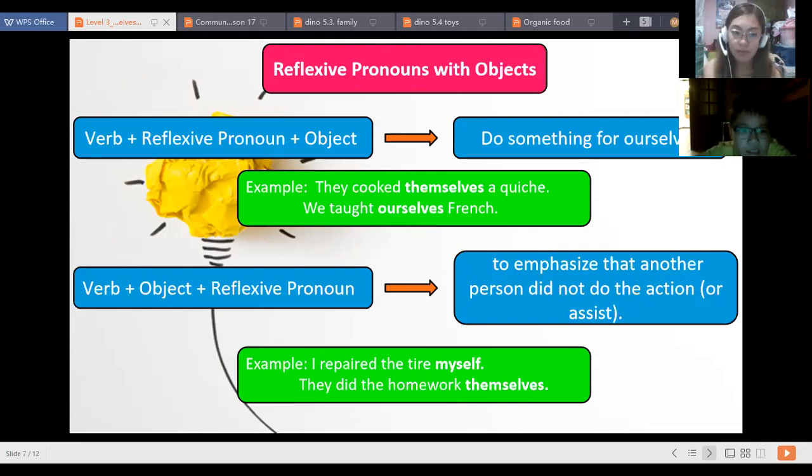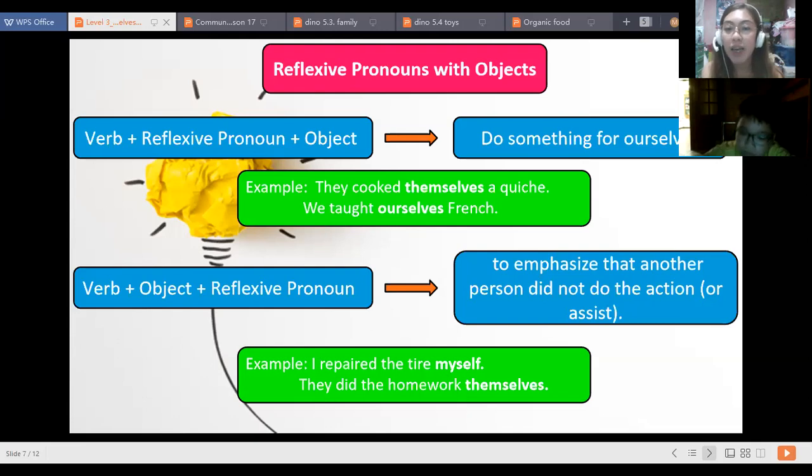Verb plus object plus reflexive pronoun, to emphasize that another person did not do the action or assist. Example, I prepared the tire myself. They did the homework themselves.